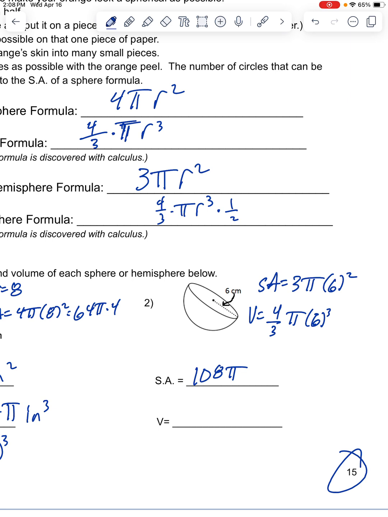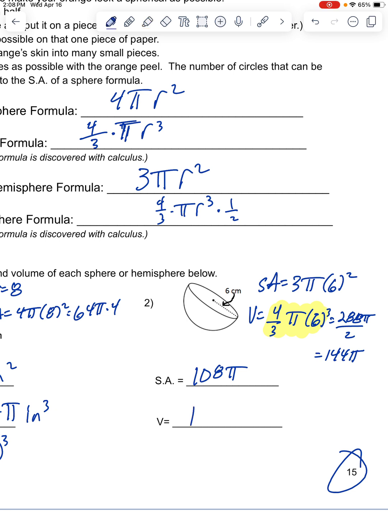So I get 288 pi, and then I'll just divide that by 2 to get my hemisphere, because this is just the volume of a sphere, but I want the hemisphere.